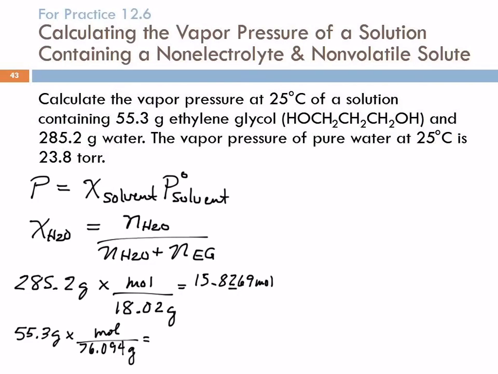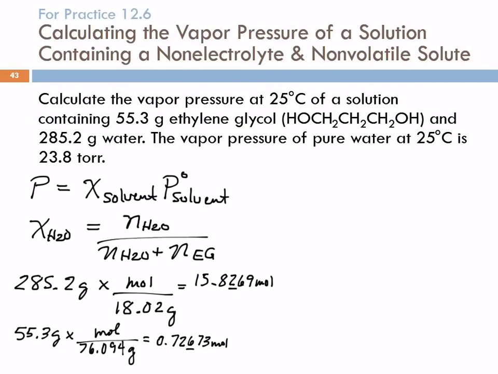55.3 divided by 76.094. So we've got 0.72673 moles of that.